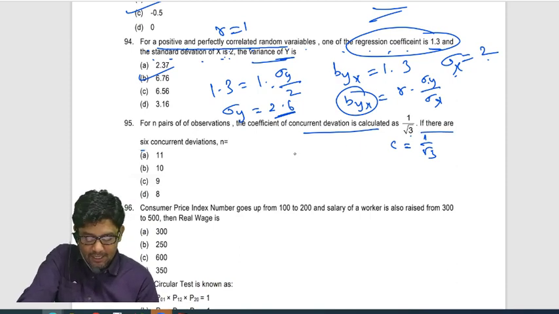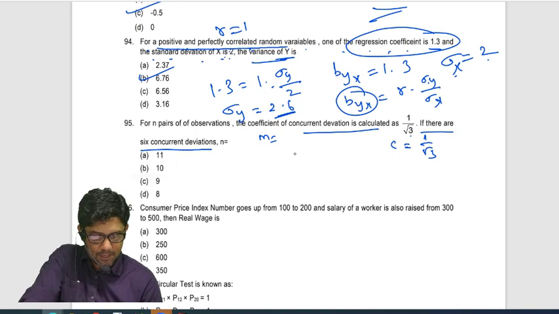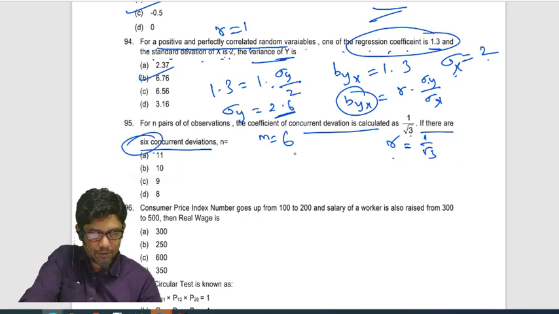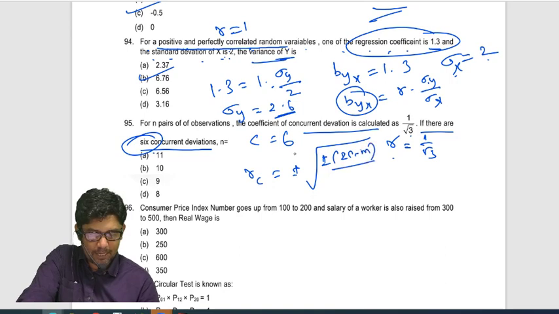If there are 6 concurrent deviations, that means C is equal to 6. For the n pairs of observations, the concurrent deviation is calculated as 1 by root 3. This is r, and 6 concurrent deviations, so C equal to 6. Now what is the formula? rc is equal to plus or minus root of plus or minus (2c minus m) divided by m.